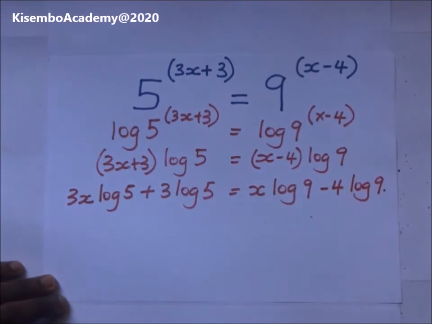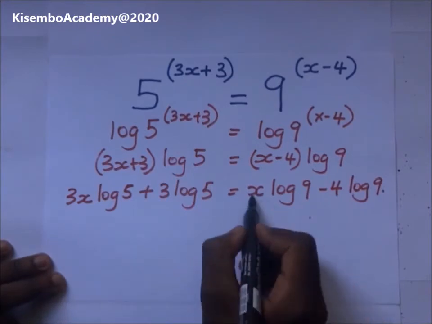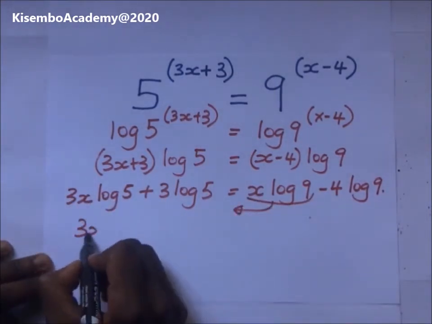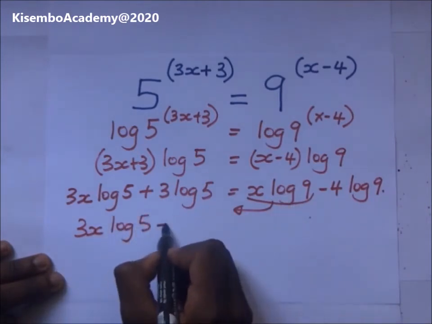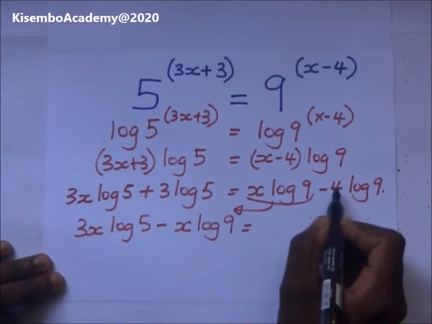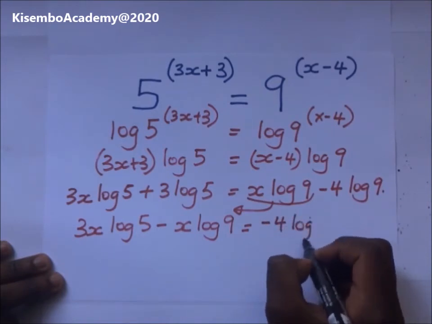So we shall collect like terms. We shall put those terms that have unknowns on one side of the equation and those terms that do not have unknowns on another side of the equation. So in this case, it's going to become 3x times the log of 5. When this one comes this way, it becomes minus x, the log of 9, which is going to be equal to negative 4 log of 9.